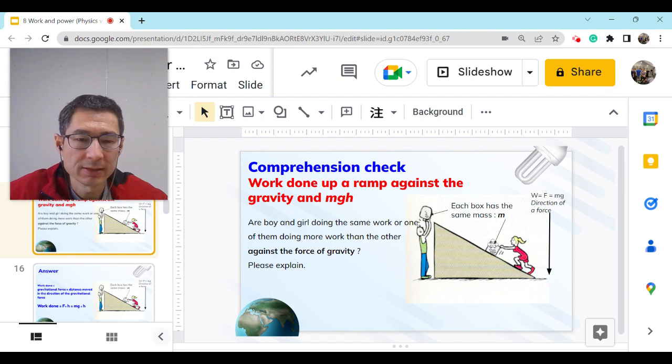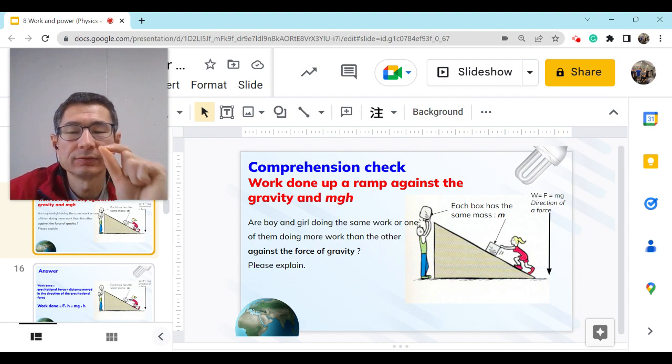Each box has the same mass, m. The girl is pushing and moving the box up the ramp, to the top. But here is a boy, just moving it vertically. So the question is, are the boy and girl doing the same work, or is one of them doing more work against the force of gravity? By the way, against the force of gravity.